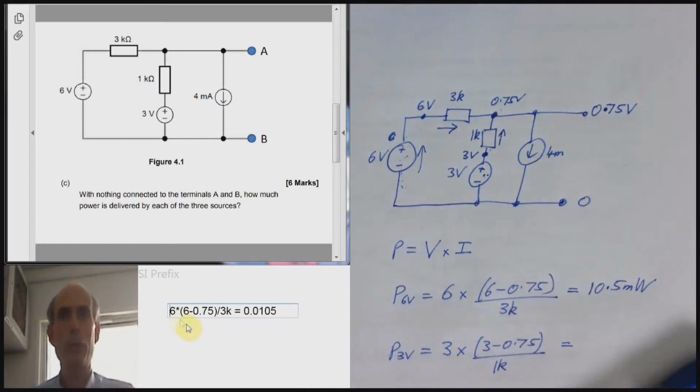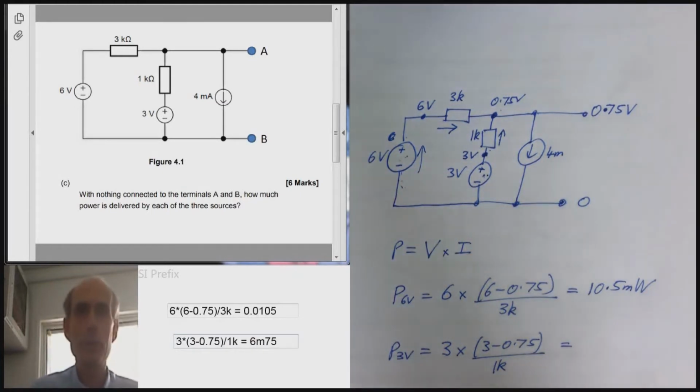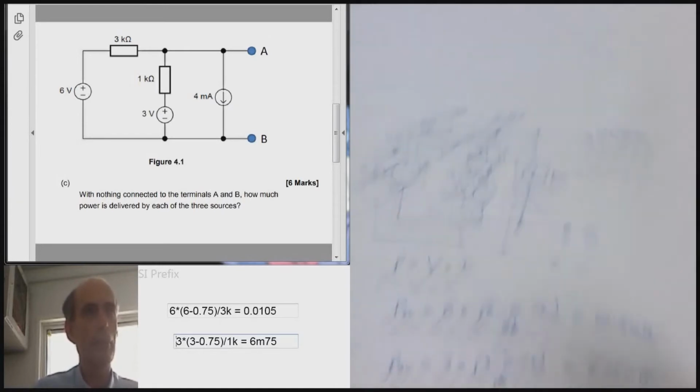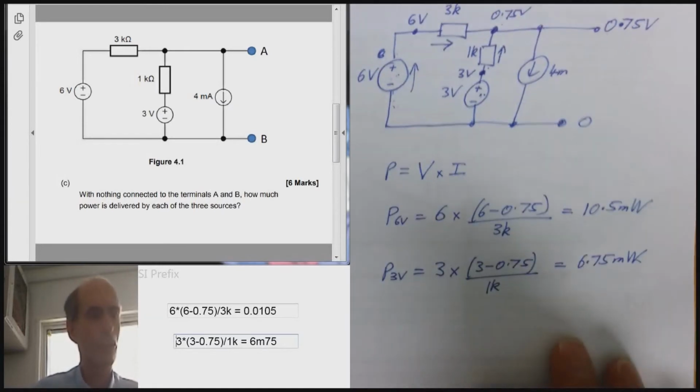So, the power due to the 3 volt source is 3 times (3 minus 0.75) divided by 1K, or about 6.75 milliwatts.